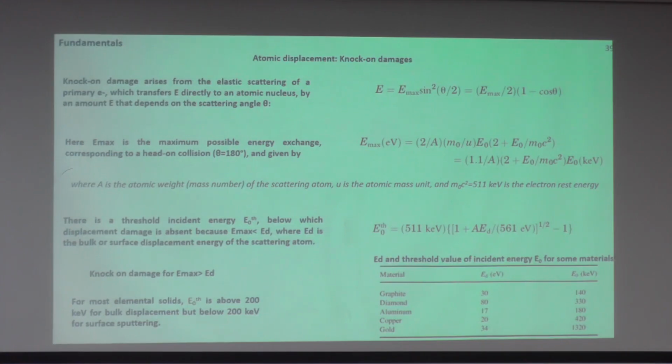So what do the knock-on damages make in the material? If electrons come to the lattice, they can kick atoms out of the lattice, either shifting them to neighbors or kicking them out of the material entirely.